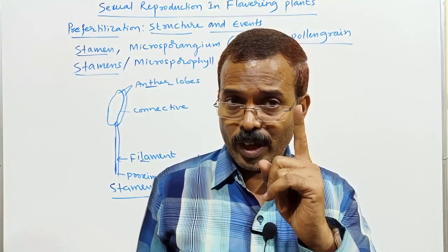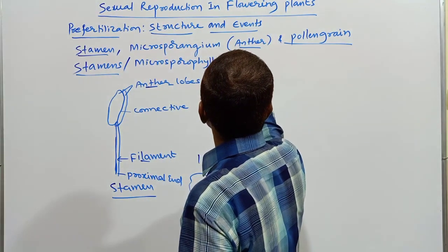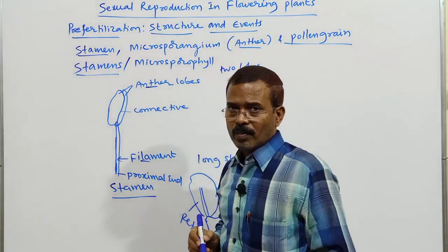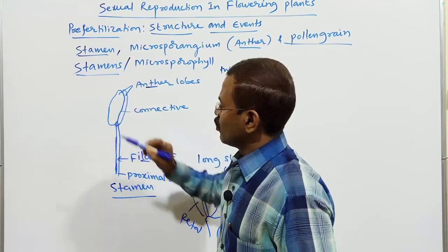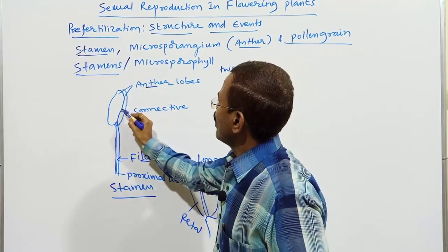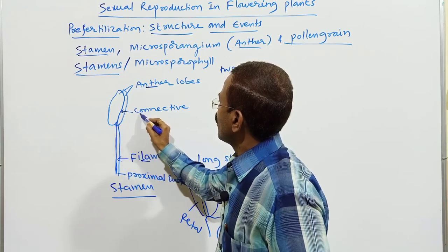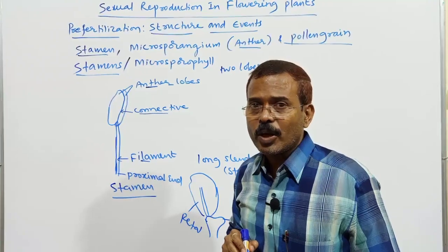Each anther has two lobes. These are the two lobes, 1 and 2. These anther lobes are connected by a tissue that is called the connective.